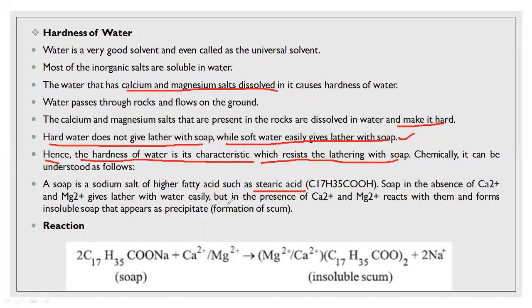But in the presence of calcium and magnesium ions, it reacts with them and forms insoluble soap that appears as precipitate or formation of scum. See, insoluble scum is formed in presence of calcium and magnesium ions if they are present in the water.